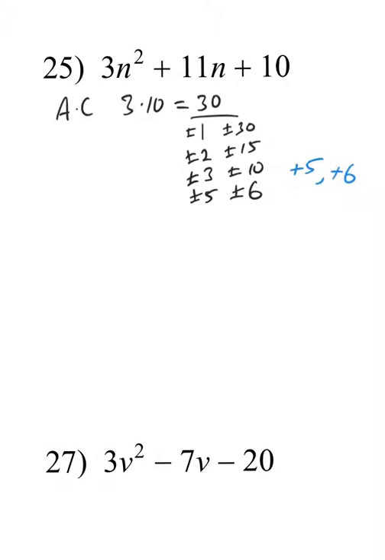They multiply to give me 30, and they add to give me 11. So now we go to that next step, which is to rewrite this expression and change the 11n into a 5n plus 6n. So let's do that piece.